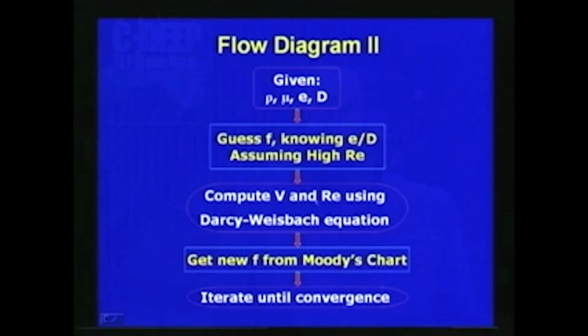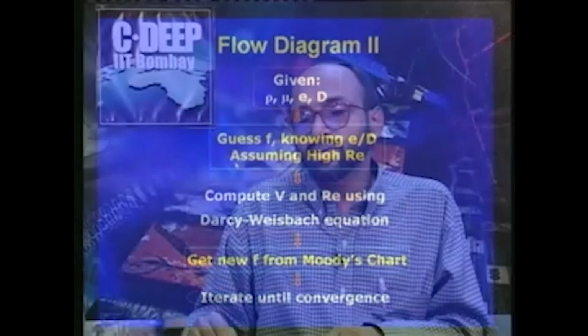We compute V, and then using these parameters we get the new friction factor from the Moody's chart, and then we iterate until we get the converged value of the discharge or the velocity we are looking for in this type 2 problem. So this is the flow diagram for the type 2 problem.